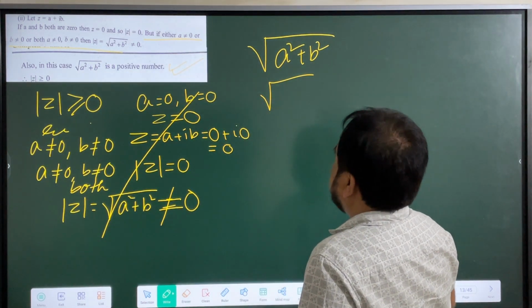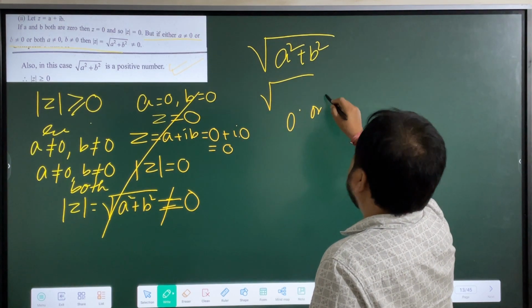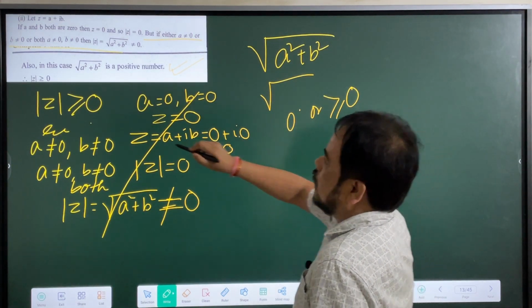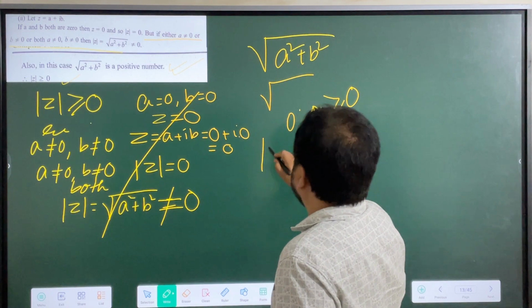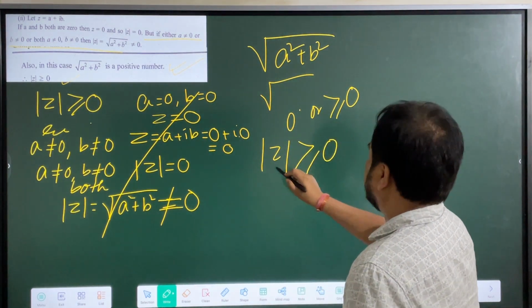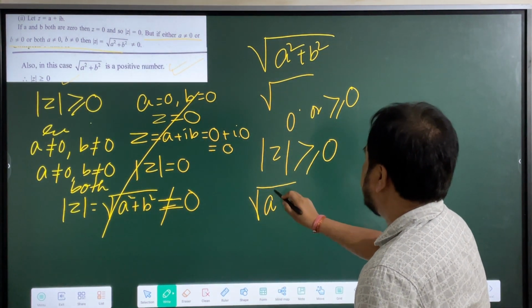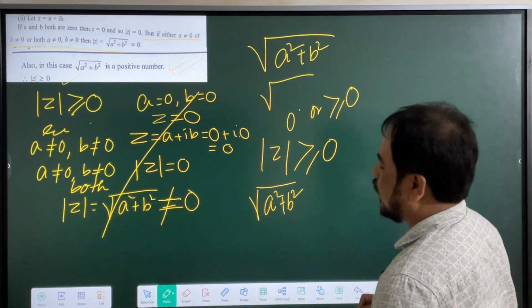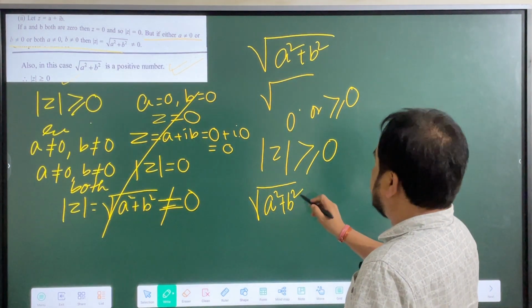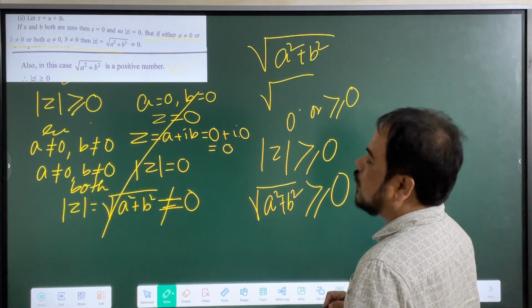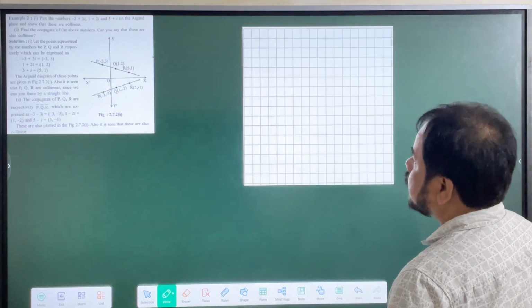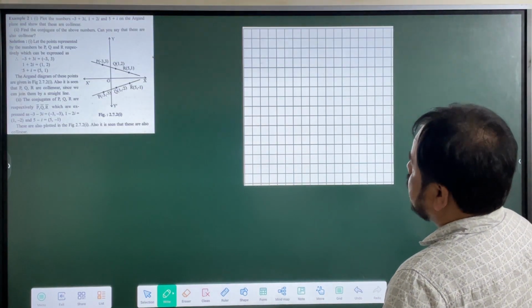Positive number means 0 or greater than 0. So modulus of z is always greater than or equal to 0. Modulus of z means the square root of a square plus b square, which is always greater than or equal to 0. Example number 2. This is very important now.